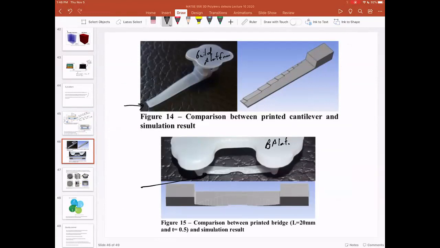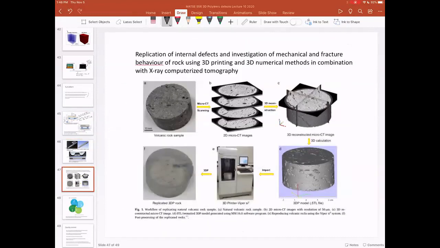The other cool paper that I found doesn't have anything to do with defects during 3D printing, but they're making materials with defects in them to get insights into mechanical properties. So this is basically using a 3D printer to make a defective material purposely to study its mechanical behavior.